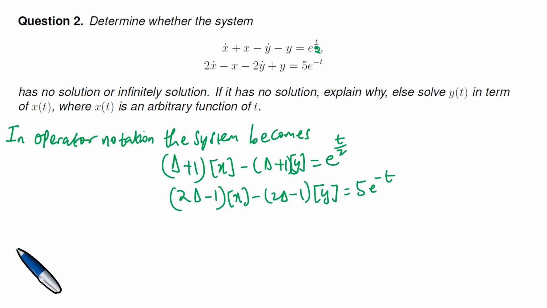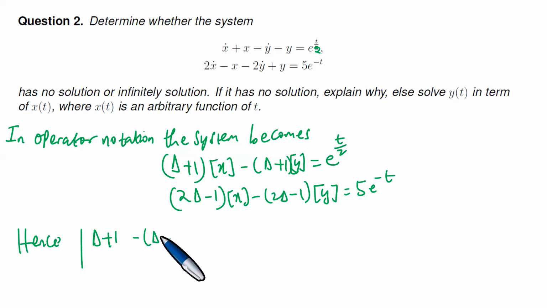Right, having written it in operator notation, it can be transformed into the determinant expression. Hence, we have D plus 1, minus (D plus 1), 2(D minus 1), minus 2(D minus 1).